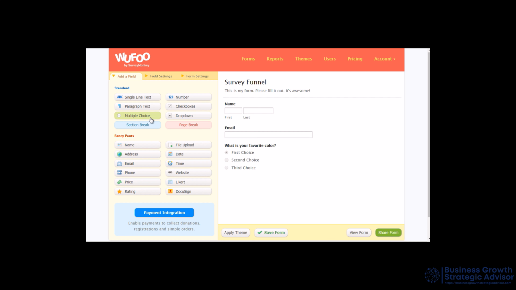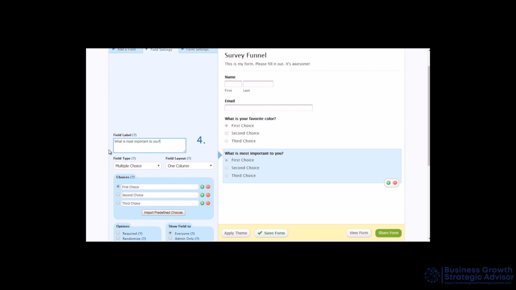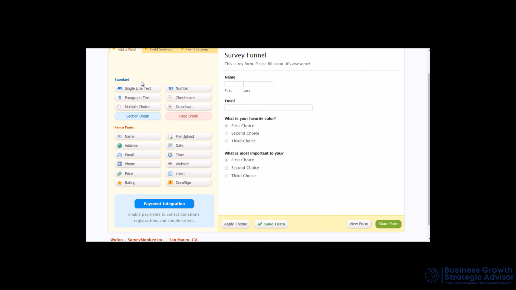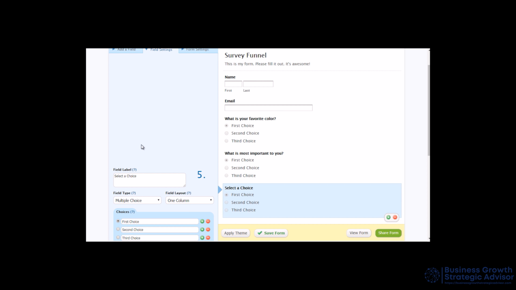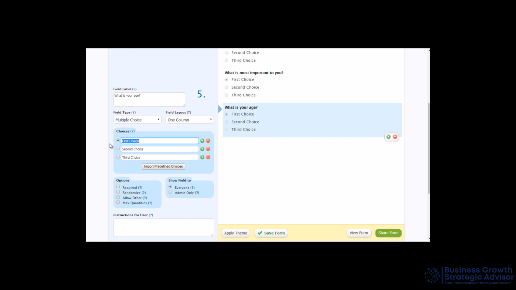And then you can get into the nitty-gritty, such as multiple choice. What is most important to you? We can add another one that says maybe what is your age? What is your age? So we could have 25 to 34.